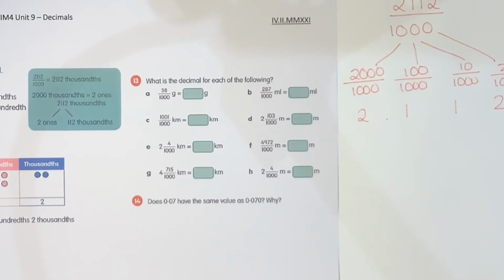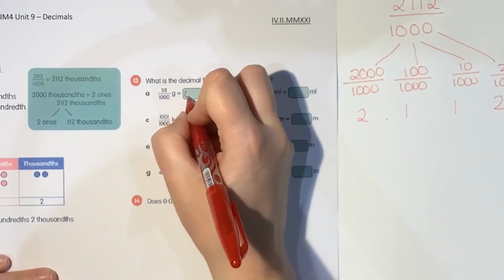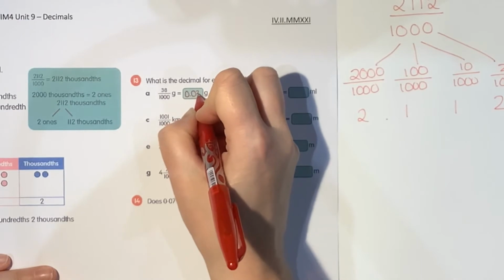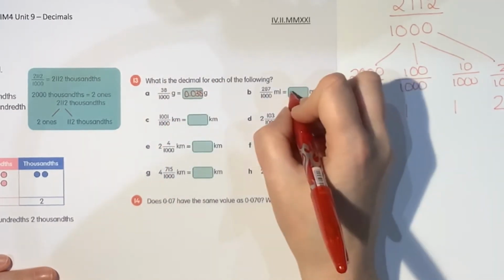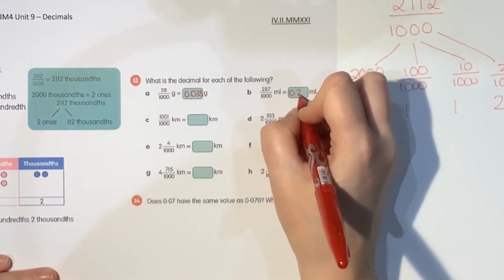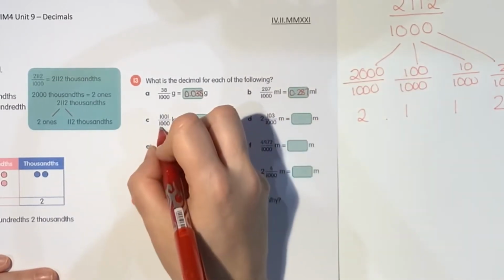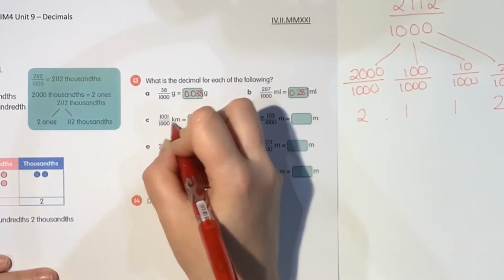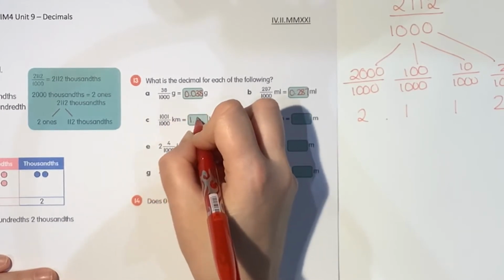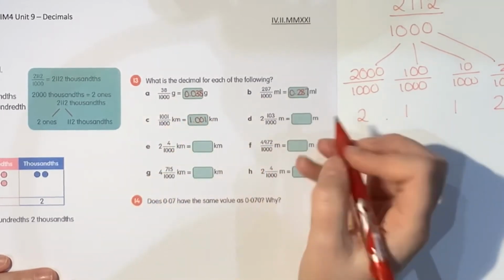Okay, 38 thousandths then is 0.038. 287 thousandths, 0.287. 1,001 thousandths I can see is more than a whole one because the numerator is bigger than the denominator. It's 1.001.